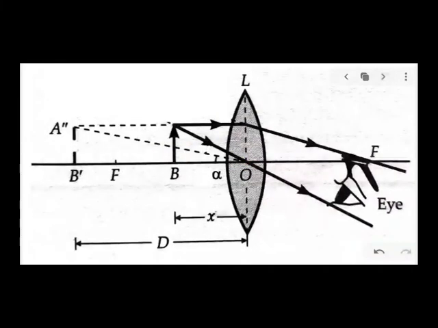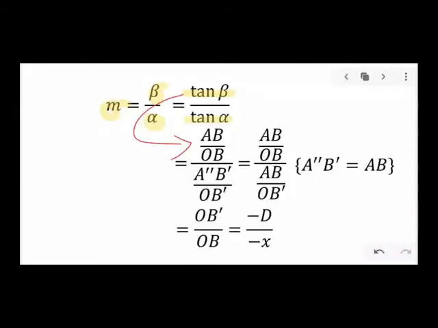Similarly, consider the triangle A double dash B double dash O. Now this triangle has angle alpha. So tan alpha is the opposite side A double dash B double dash divided by the adjacent side OB dash. Clear?